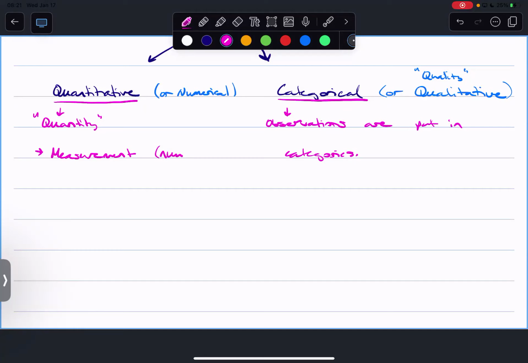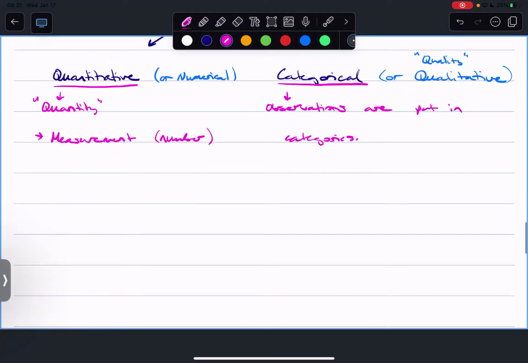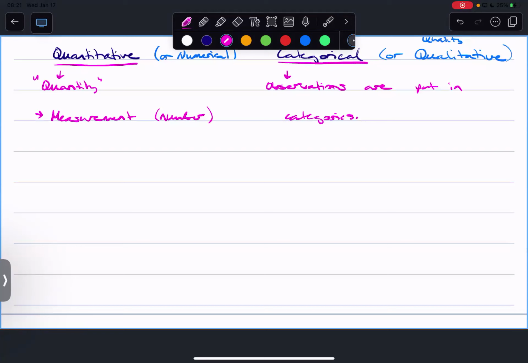So some number. Not all numbers are quantitative, but it is a measurement like speed, distance, weight, that kind of thing.